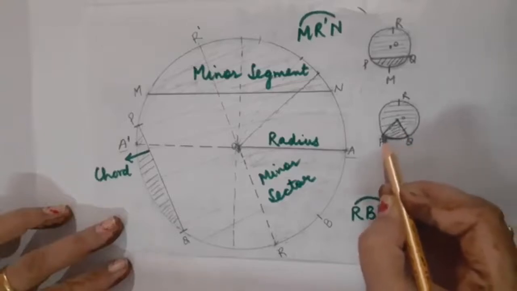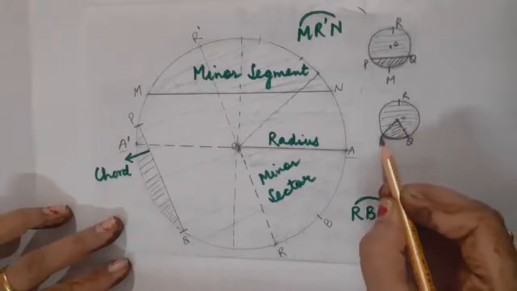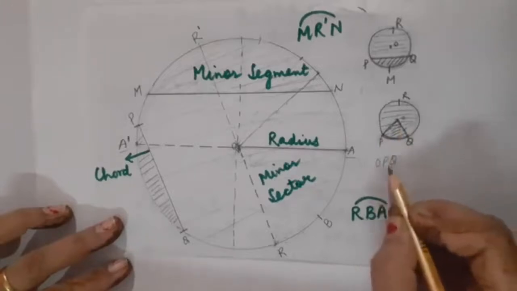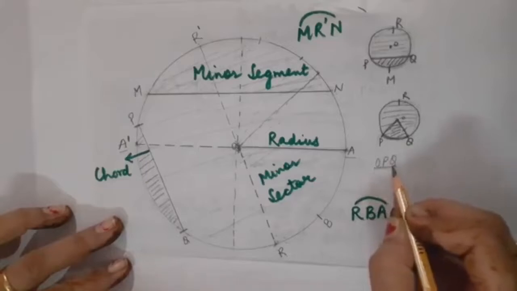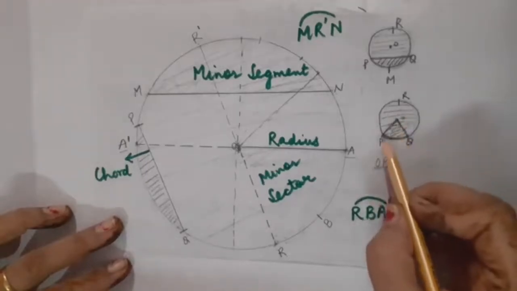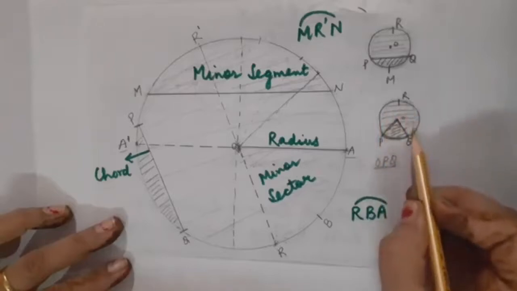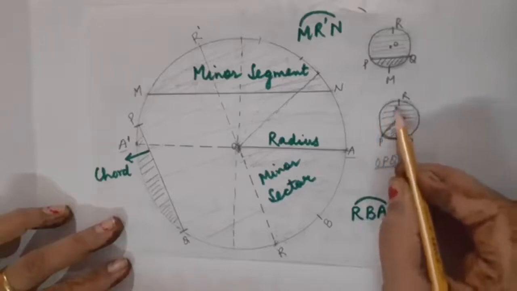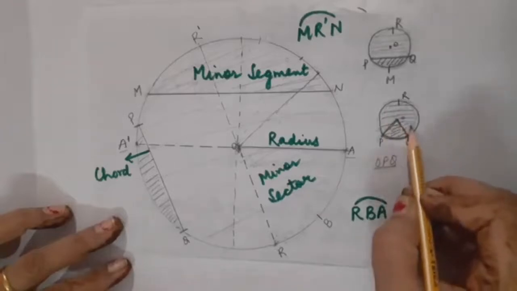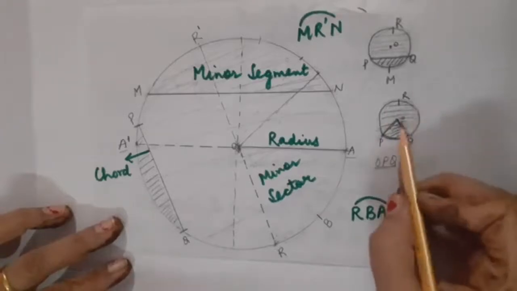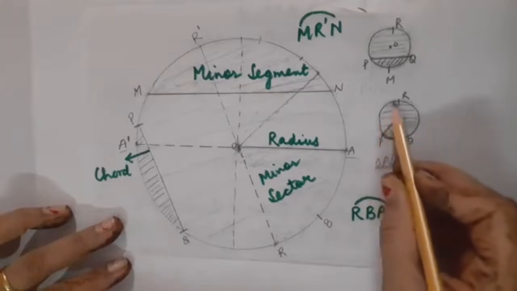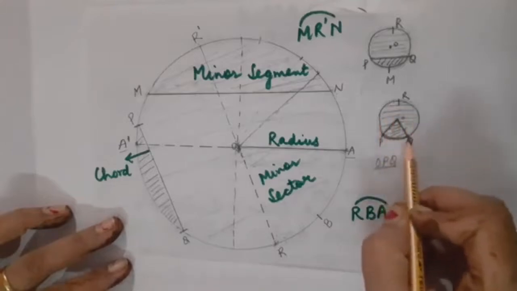This is minor arc, so definitely OPQ. OPQ will be known as minor sector, correct? But if I talk about O, P, R, then Q, O, meaning this complete part, this will be known as major sector. Why major sector? Because this is also the region which is between two radii and the major arc, correct?